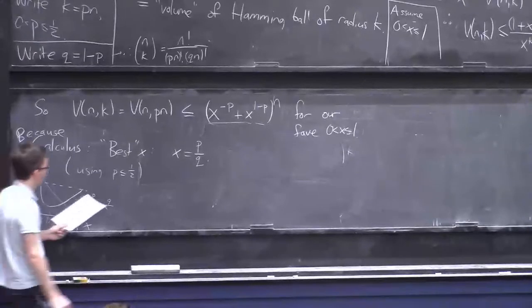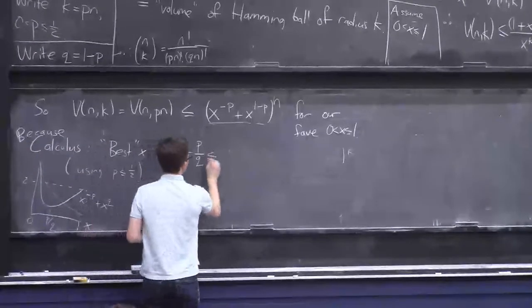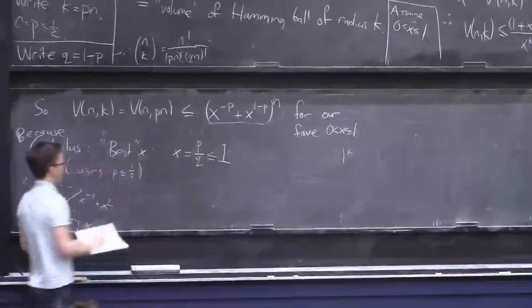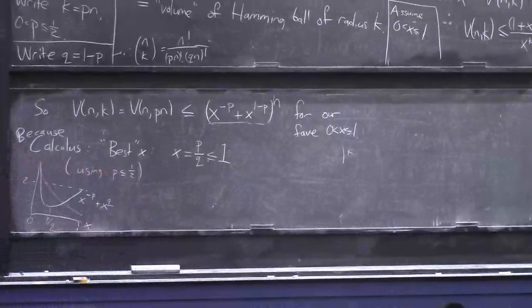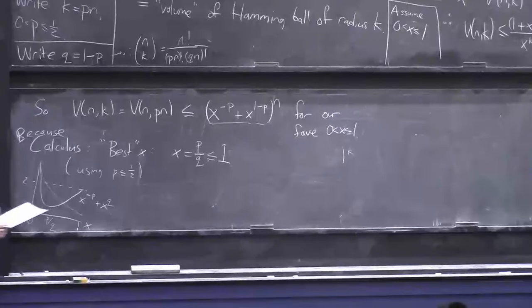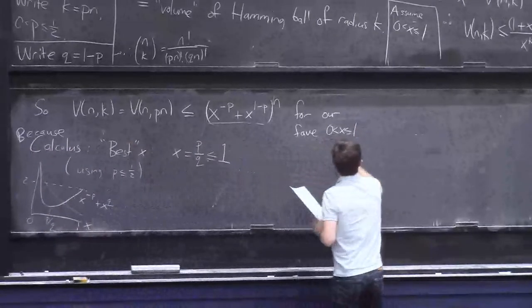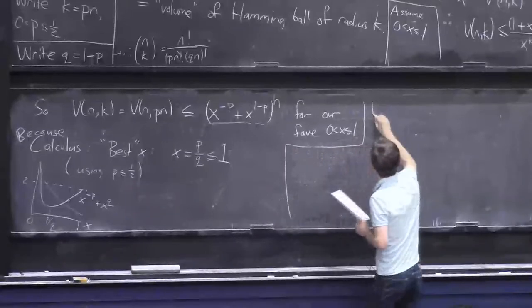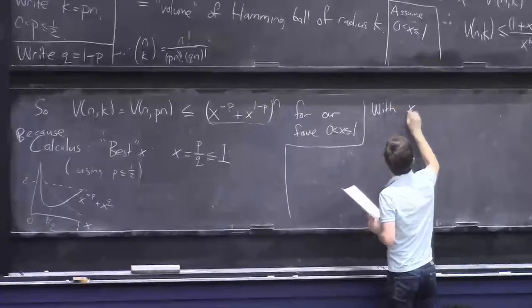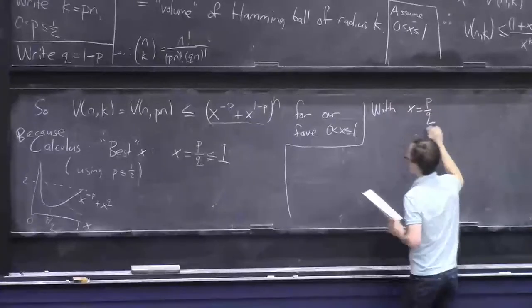OK, but this is at most 1, using the fact that p is at most a half, which is good, which means we are allowed to plug it in, in which case, so it looks a little gross, but something interesting is going to happen.